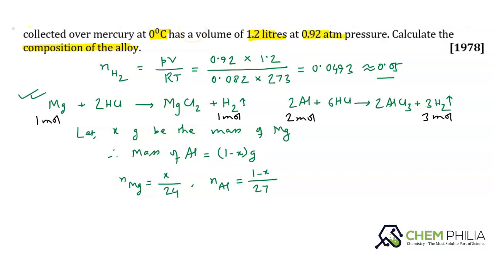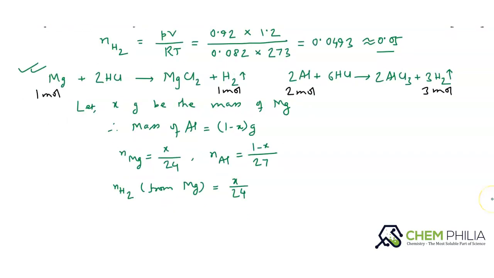So we can write number of moles of hydrogen from magnesium is x by 24, right? Whereas number of moles of hydrogen from aluminium, now you can see 2 moles of aluminium gives 3 moles of hydrogen. So number of moles of aluminium is 1 minus x by 27.